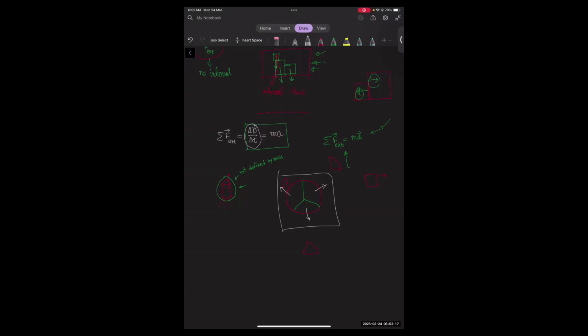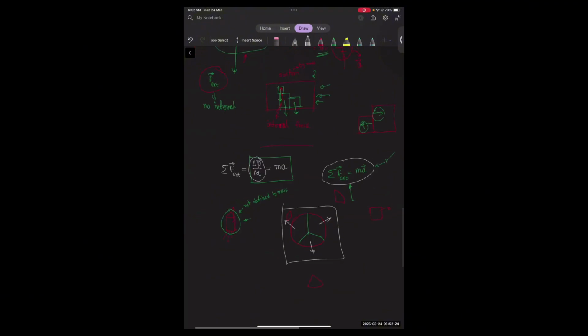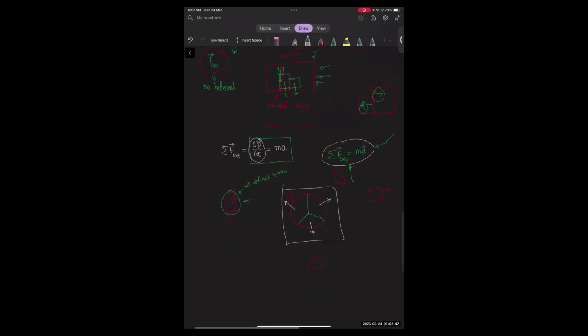So you can always find a system so that F equals ma is valid. Again, we are talking about inertial frames and only classical physics, no relativity and modern stuff. So if you are in an inertial reference frame, you can always find a system so that del P over del T is equivalent to ma, because your mass isn't changing.